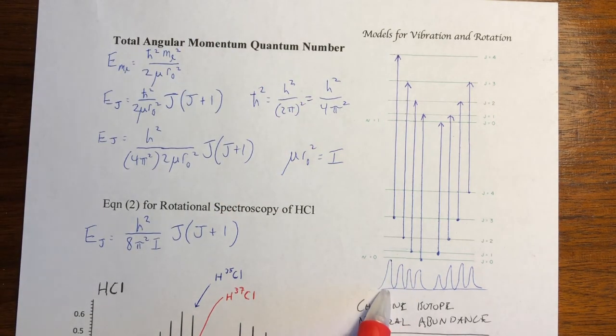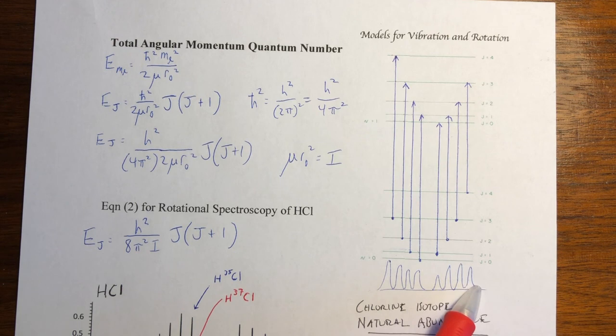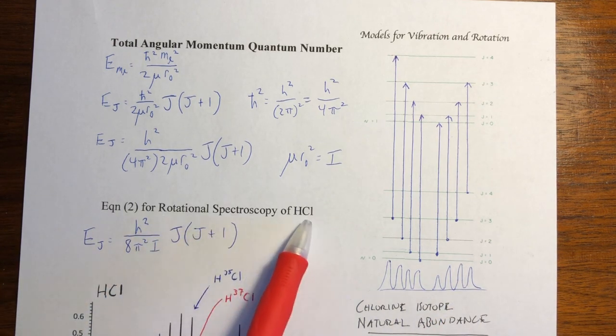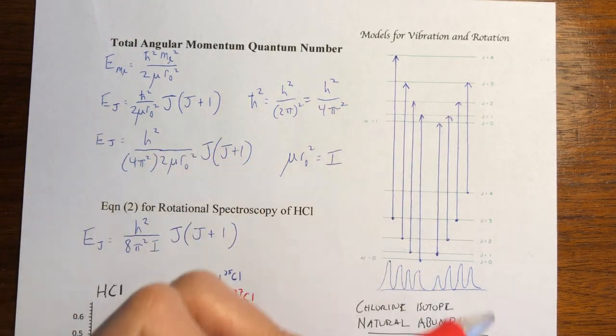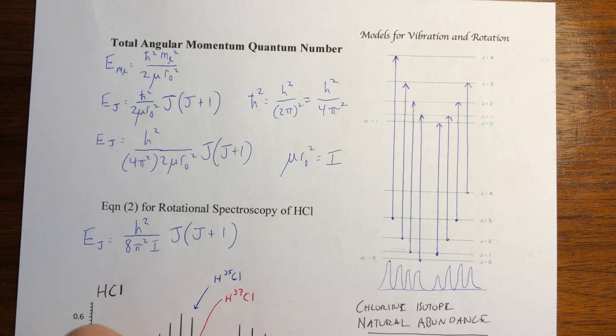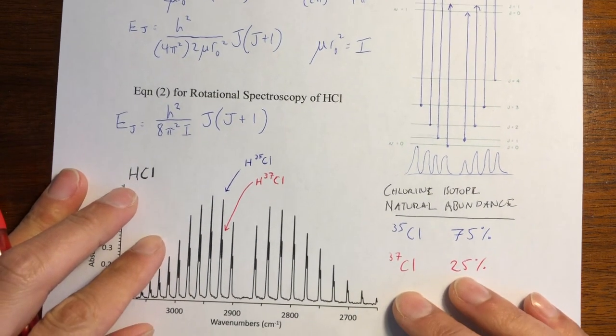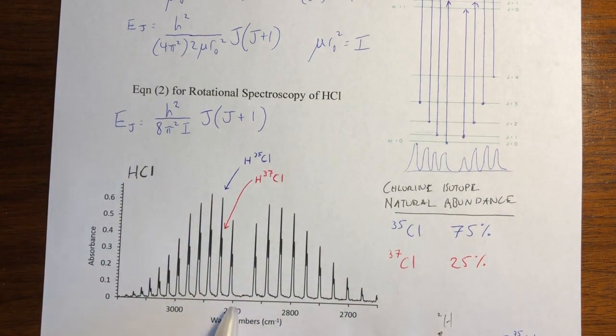And what that ends up giving us is going to be a spectrum, which are two sort of humps of peaks left and right. And so for a rotational spectrum of something like HCl, given all of these J states that we're now transitioning between, we get something that looks like this, where we have a whole bunch of peaks going to the left and a whole bunch of peaks going to the right in wave numbers.